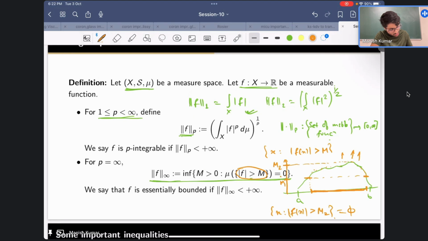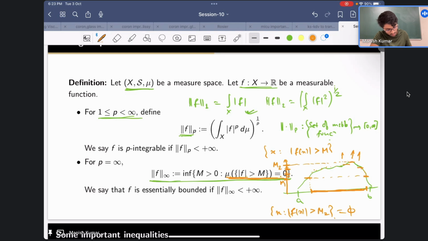If you take any number which is less than this, the measure will be positive. If you choose any point less than m2, the measure of the set will not be 0, it will be some positive quantity. But for this value of m, it is 0.